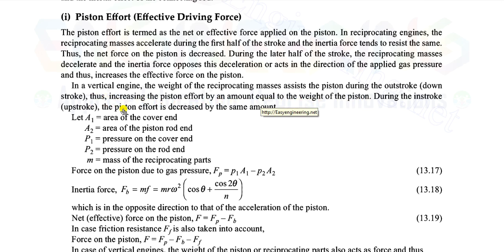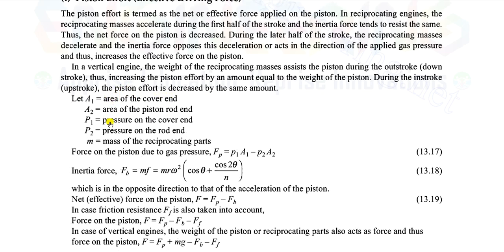We will see how you will calculate this. The piston effort is decreased by the same amount during the upstroke, or in stroke, and when it is downstroke or outstroke, the mg effect will add to the net piston effort.